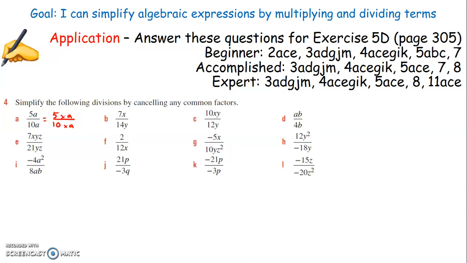Now let's think back to when we learned how to simplify fractions, right? So we want to find a common factor of 5 and 10. Common factors are the numbers that can go into 5 and 10. What number can go into 5 and 10?